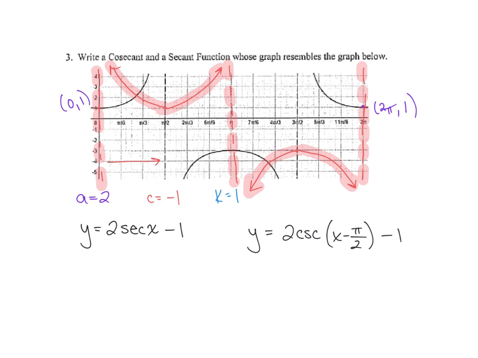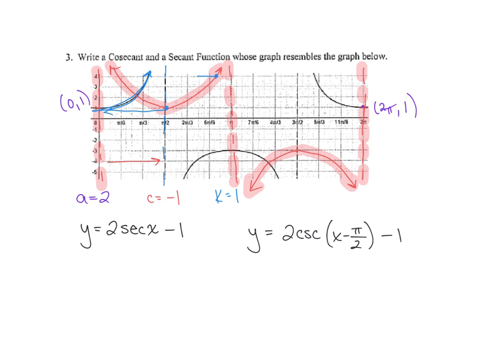But what you'll notice, if that's my base cosecant function, it needs to line up with this portion of my curve and this asymptote. Which means in order for that to occur, this piece has to get shifted to the left pi by 2.